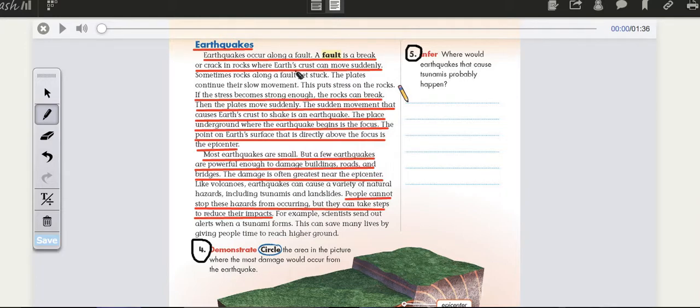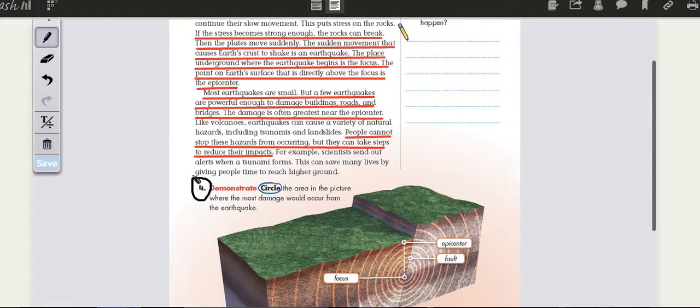The movement of these two plates of the Earth's surface is what causes the earthquake. If the stress inside the plates of the Earth becomes strong enough, the rocks can break. Then the plates move suddenly, and this sudden movement that causes the Earth's crust to shake is called an earthquake. The place underground where the earthquake begins is called the focus.